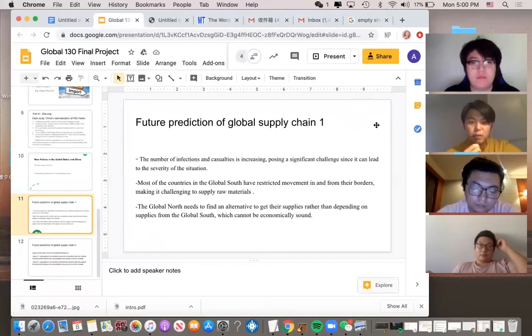Opening the economy in such a tough time can lead to more severe conditions than are being experienced right now. Second, most of the countries in the global south have restricted movement in and from their borders, making it challenging to supply raw material.